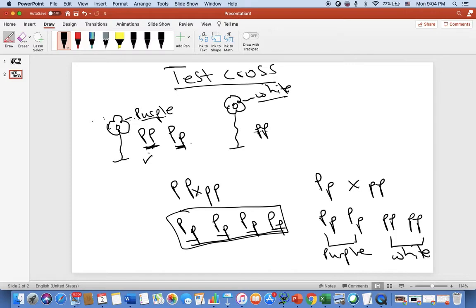If you get 50% purple and 50% white, then you know for sure that the original organism, the original plant, was the heterozygous condition. So that purple actually was the heterozygous plant. If you get 100% purple, it's the homozygous plant. And that's how you do a test cross, by crossing with a homozygous recessive.